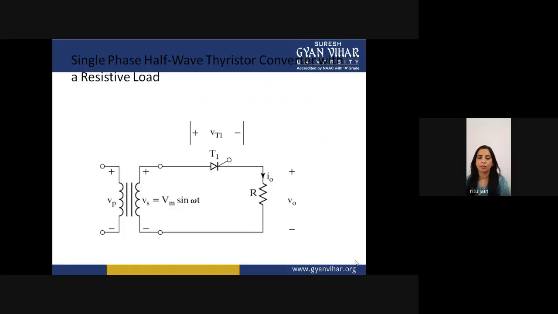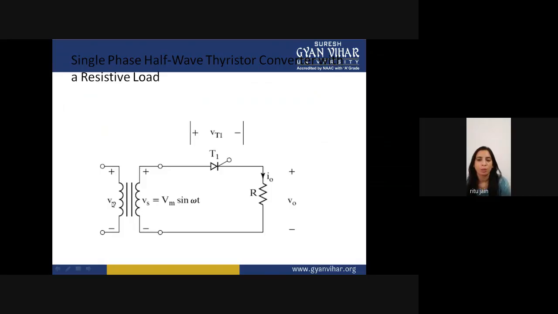So first we will discuss the single phase half wave thyristor converter with resistive load. What is your single phase half wave thyristor controlled converter? You can see that this is the half wave thyristor converter, in which we are using only one SCR. There is a transformer with two windings.